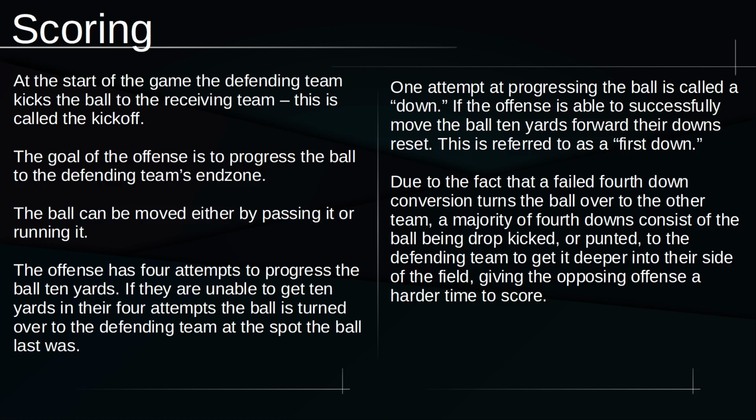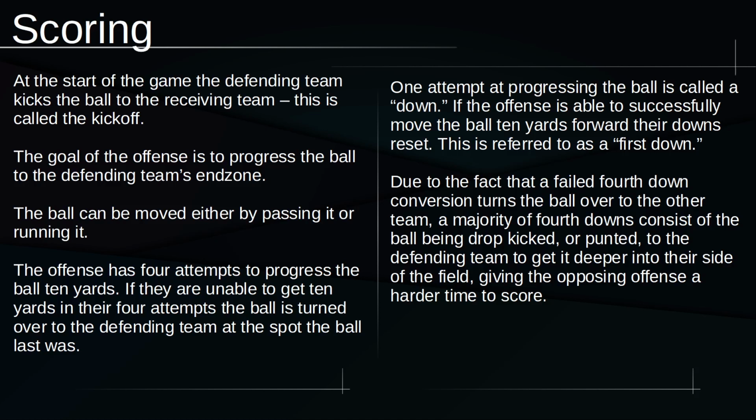One attempt at progressing the ball is called a down. If the offense is able to successfully move the ball 10 yards forward, their downs reset. This is referred to as a first down.